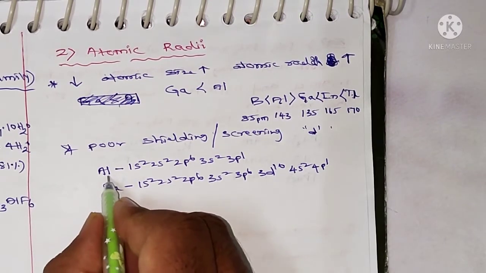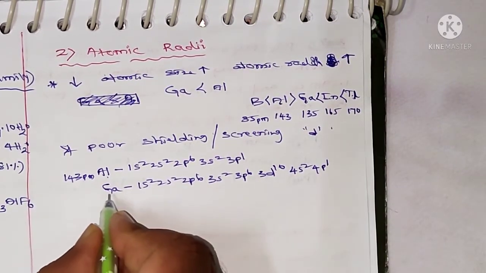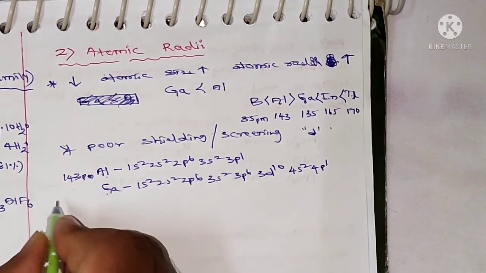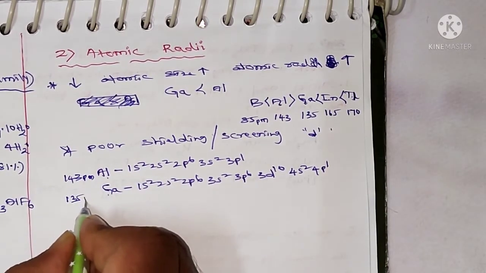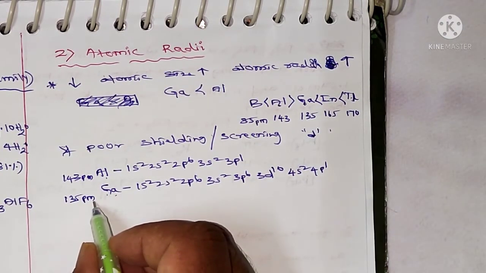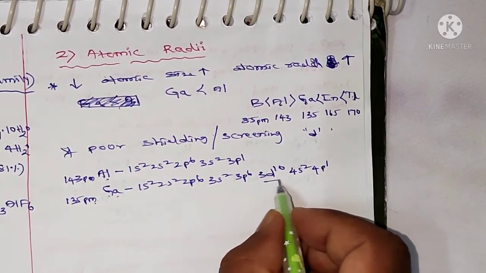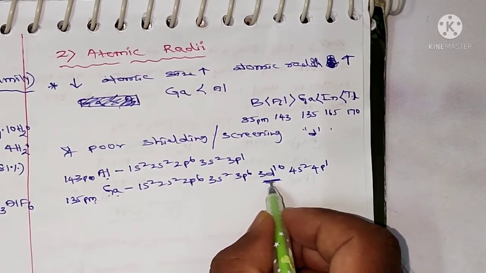So aluminium has 143 picometers, but gallium has 135 picometers. Gallium has less atomic radii than aluminium because of poor shielding of d orbitals.